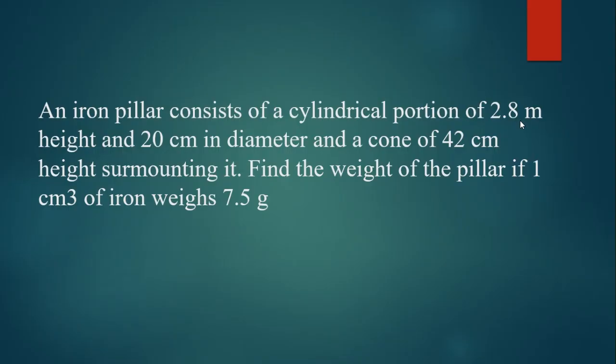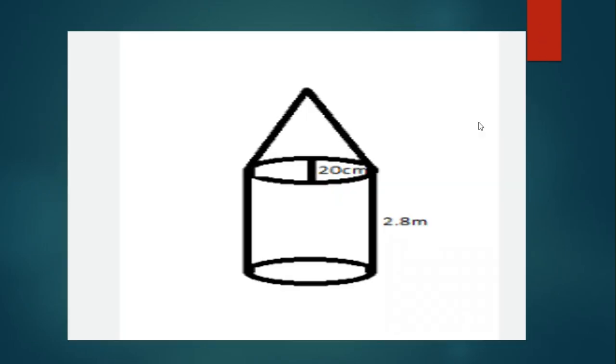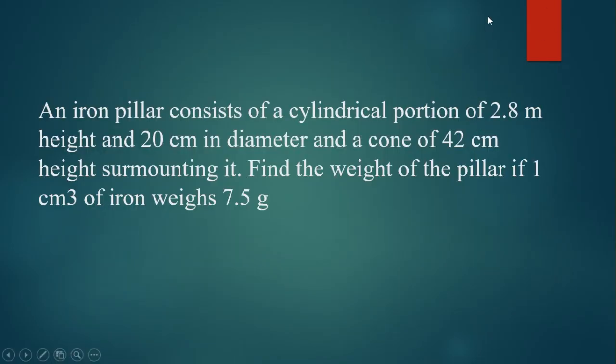Now when the problem is given, we are able to imagine the structure of that iron pillar. Very simple: one cylinder is there, and one cone is there. The cone is surmounted on the cylinder.